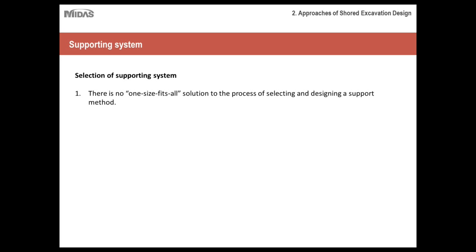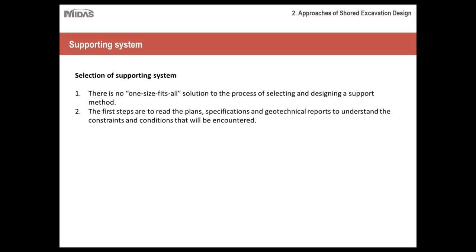Now let's briefly talk about the selection of different supporting systems. First thing that we should bear in mind is that there is no one size fits all solution for the excavation supporting systems.